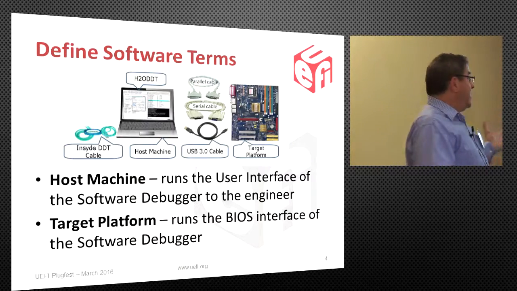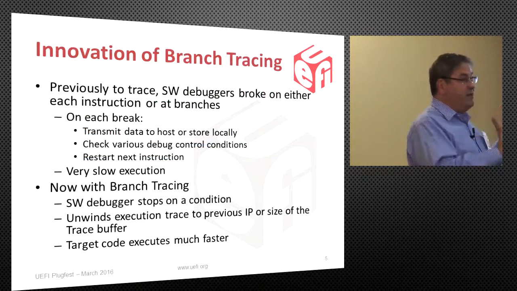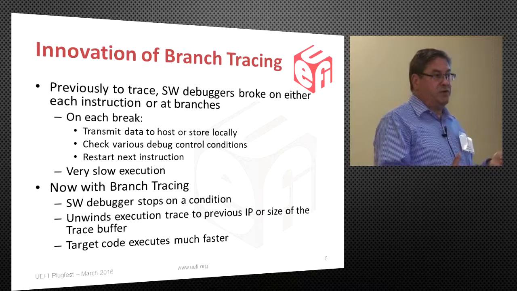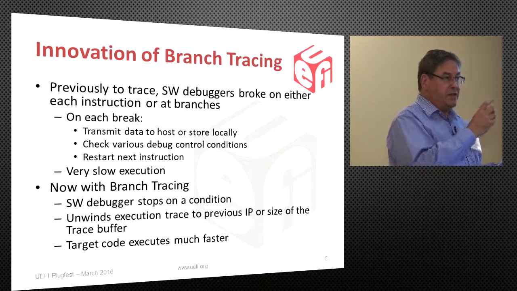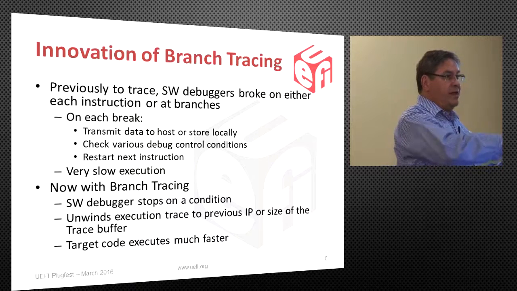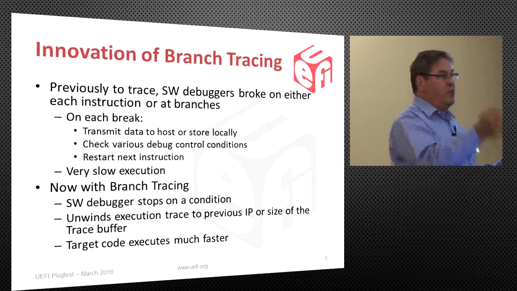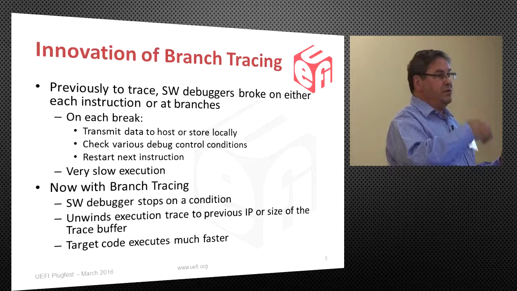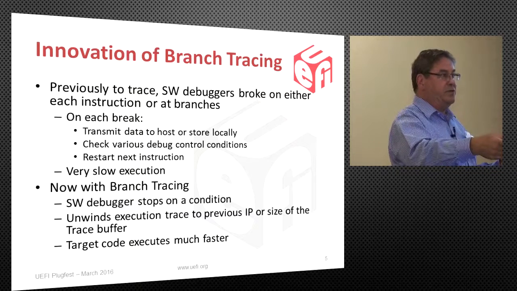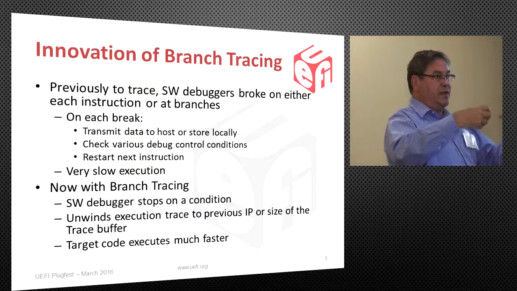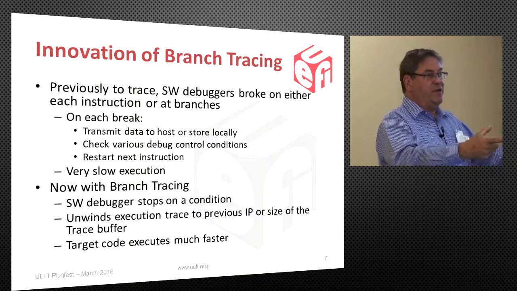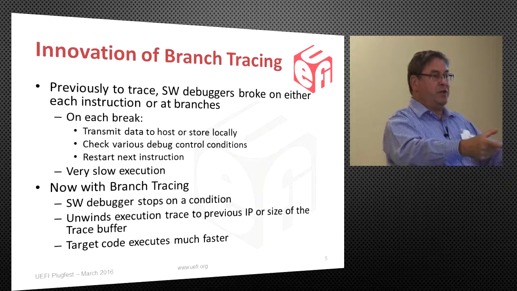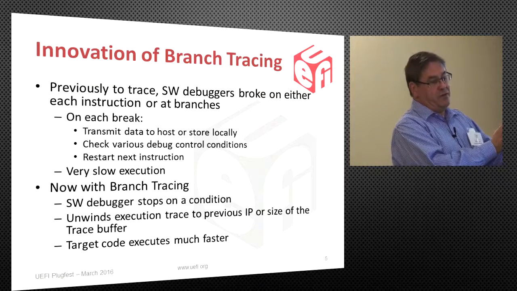Up until this time, every time we wanted to do any sort of trace, the debugger would have to set an instruction flag in the processor on the target machine and tell it to break on some condition. Sometimes you would break on the next instruction, and the break would happen, then you would collect some information on the target machine and send it back to the host.